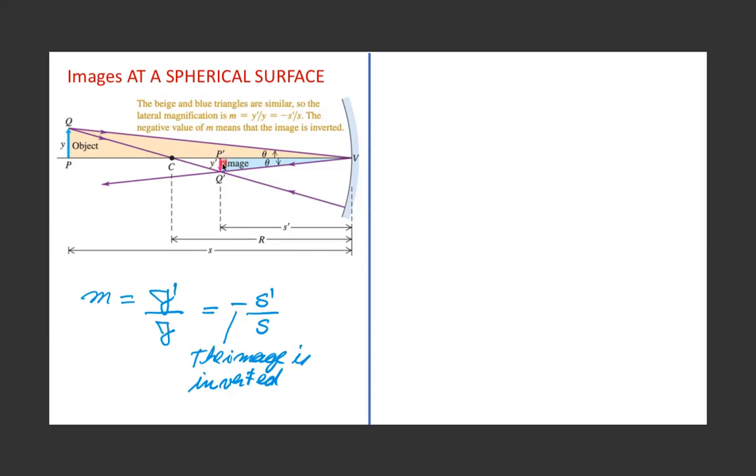In this case, the magnification is less than 1. It means that this image is actually smaller. And it actually has a sign, because it's inverted. So this is the reason why the magnification has this sign here.